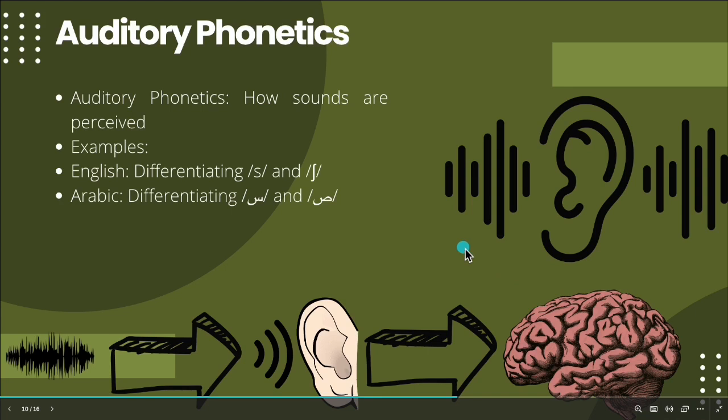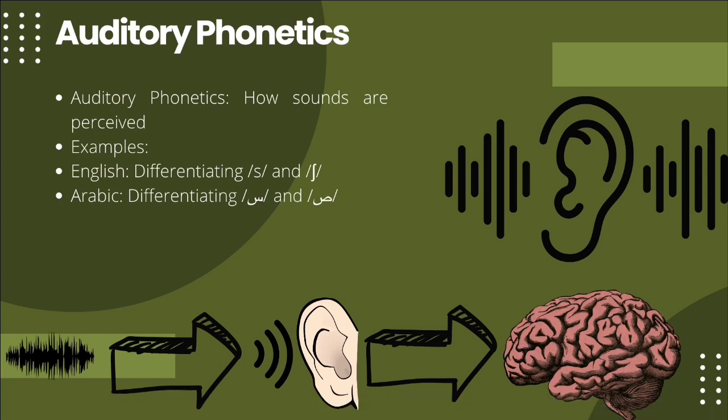Okay, so it studies how our ears and brain process different sounds, such as distinguishing between s and sh in English. This distinction is crucial in understanding speech perception. In Arabic, differentiating the sound sa as in sama, and the sound sa as in safa, is another example of auditory perception.